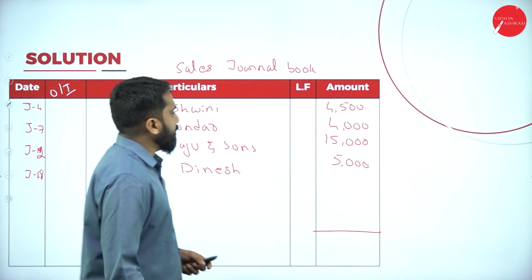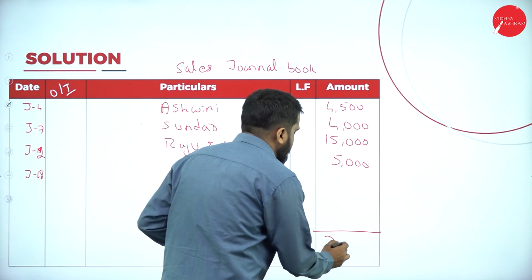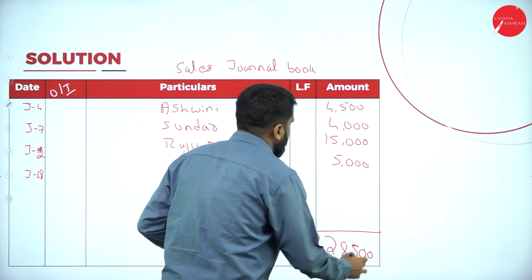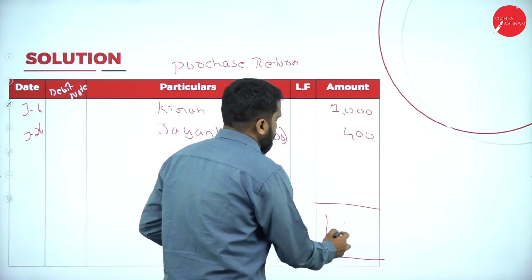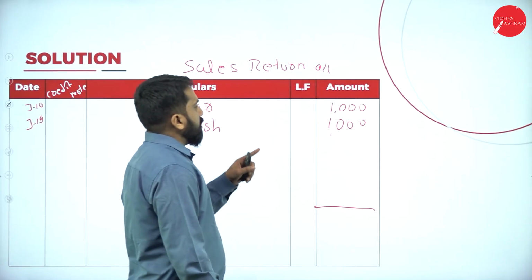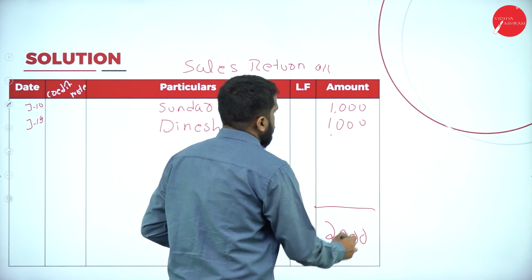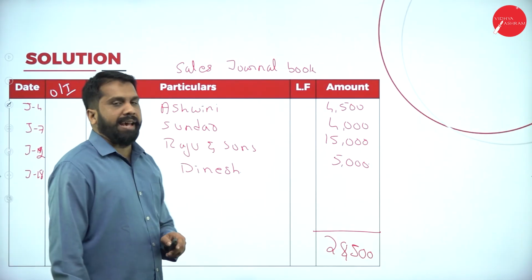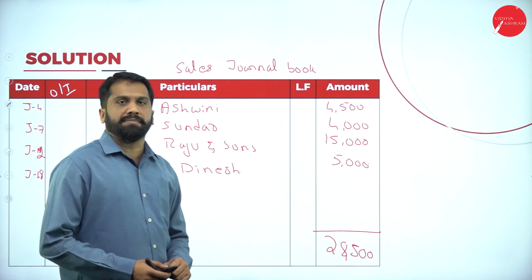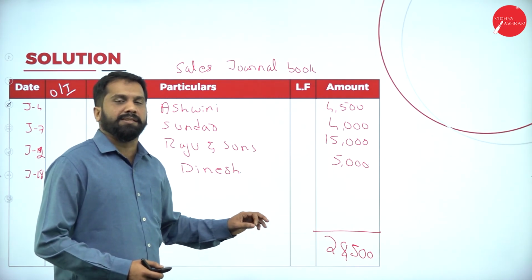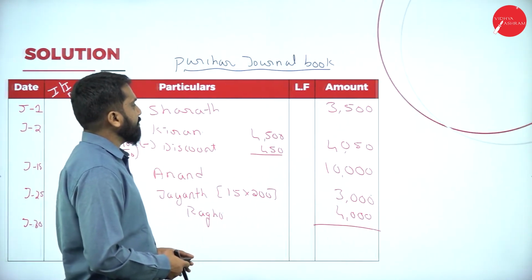So easily we can calculate 15 plus 5, 20, 24, 28,500. Then if you add this 1,400. If you add this, you will get 2,000. So these are your calculation. Just you have to add and you have to write total sales and total purchases, total sales return, total purchase return.